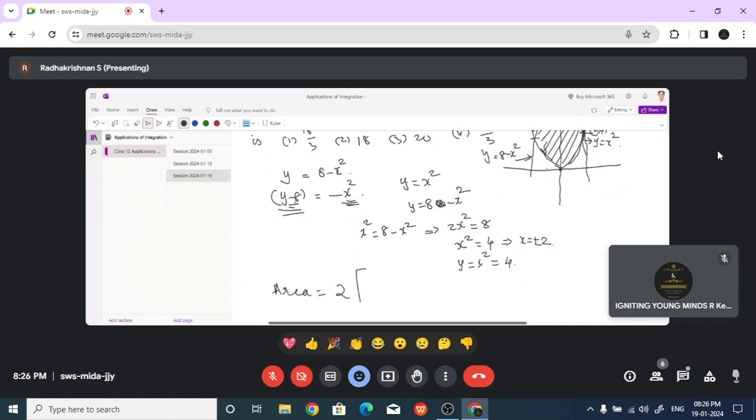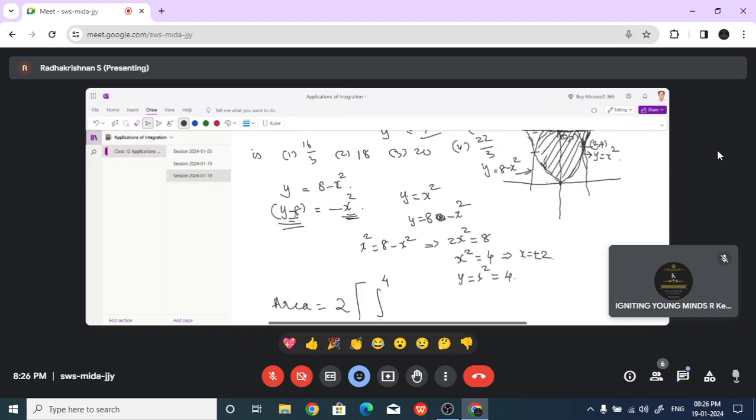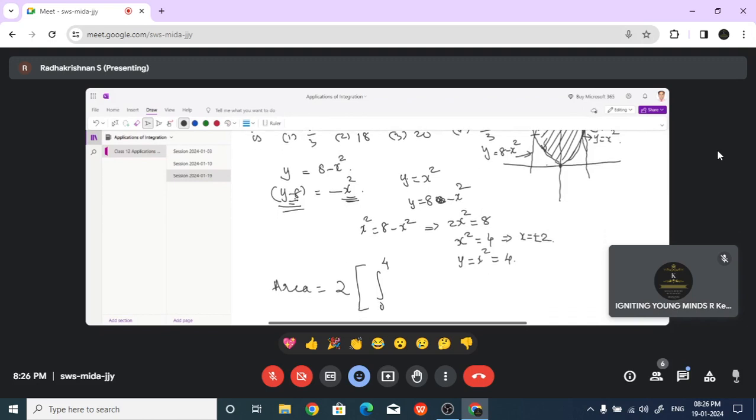Two times integral 0 to 4 x dy, right? In this range, what is x? Root y.